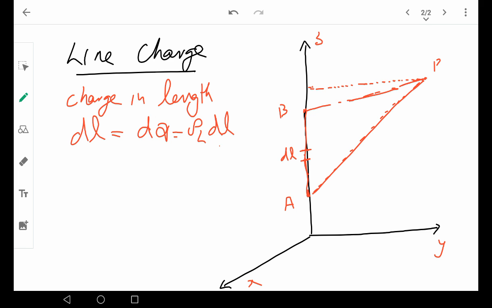Now I will have this angle given by alpha 2 and this angle given by alpha 1. I am not going into the derivation of this particular equation.